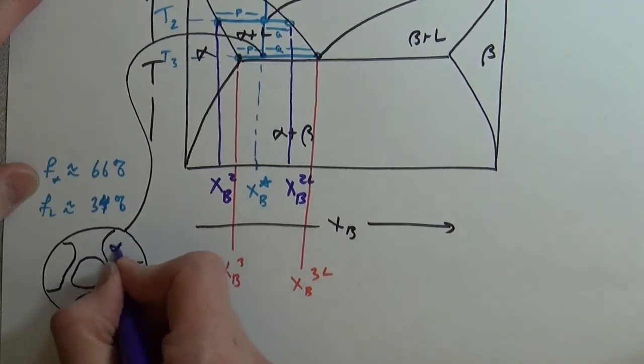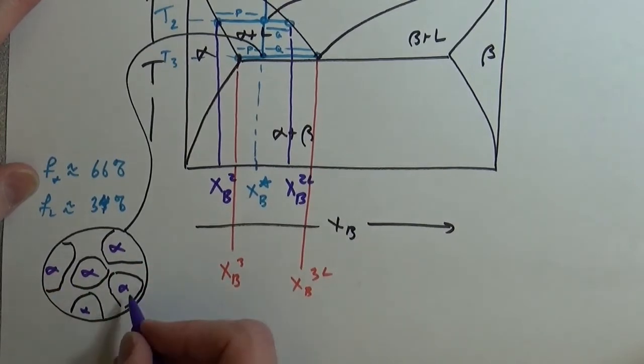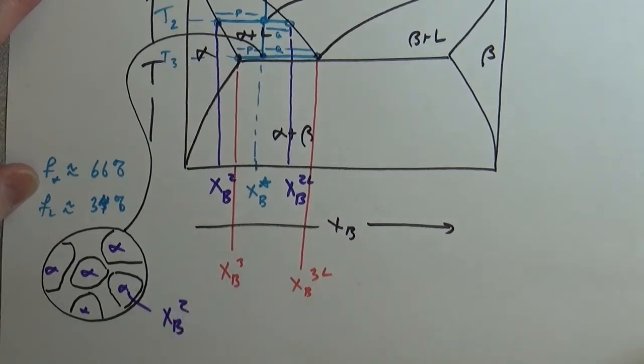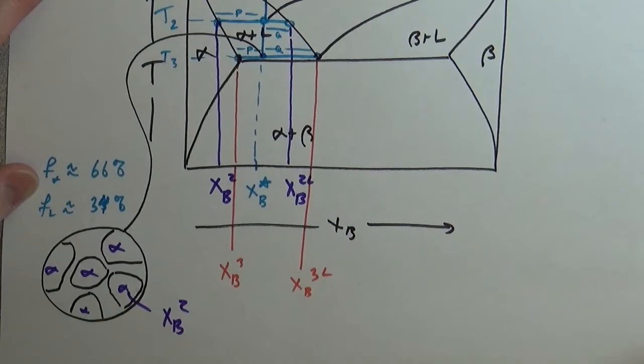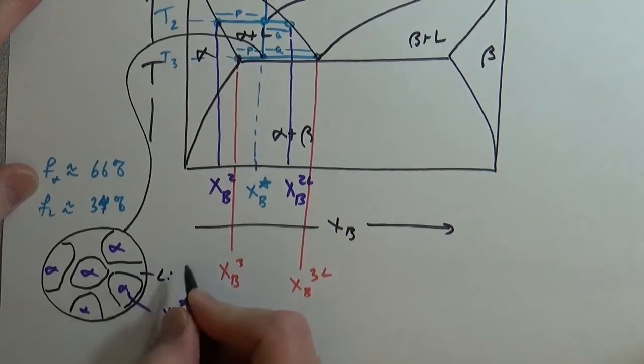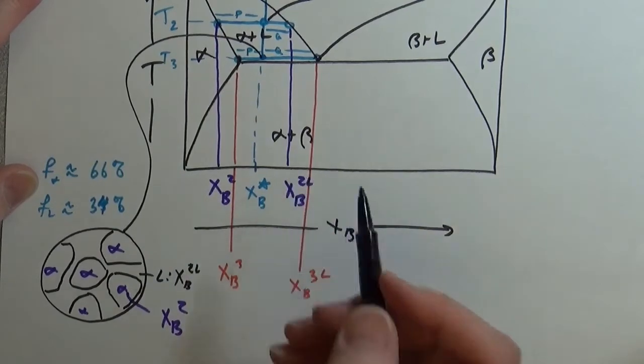So that's going to be alpha, and alpha has composition XB2. The liquid has composition XB2L here. Okay.